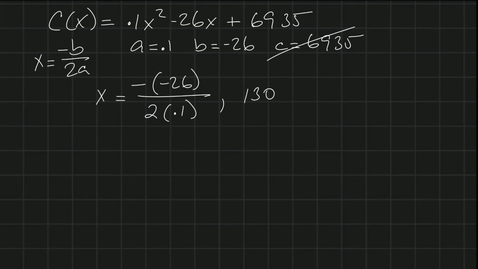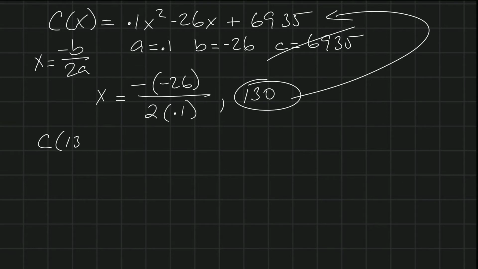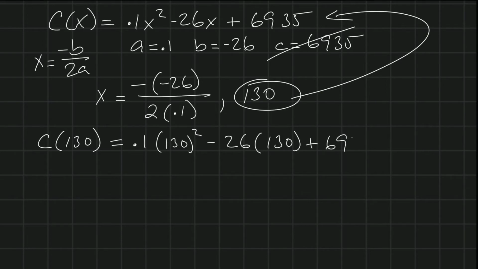So we're going to take that 130 and throw it back into that top equation that we have over there. So we have C of 130 is equal to 0.1 times 130 squared minus 26 times 130 plus 6,935.